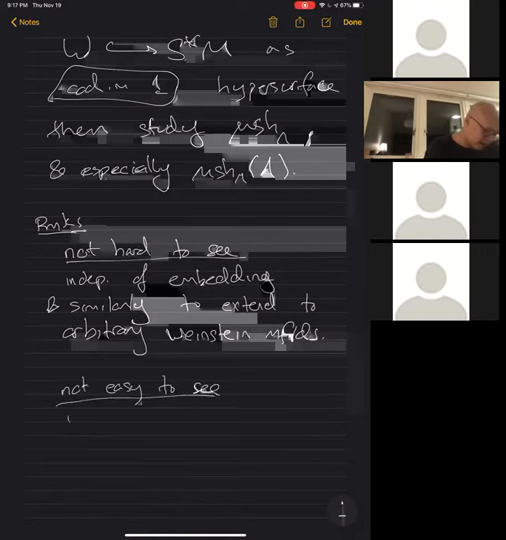is that it's independent of the exact symplectic form, the exact primitive of this symplectic form.